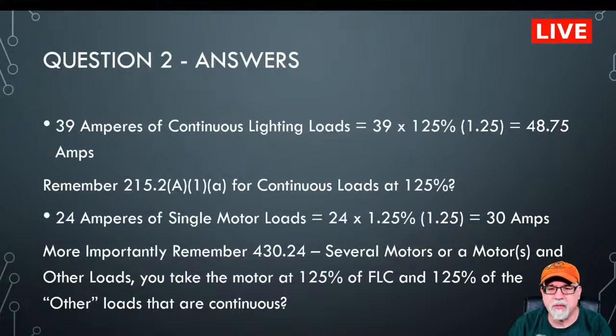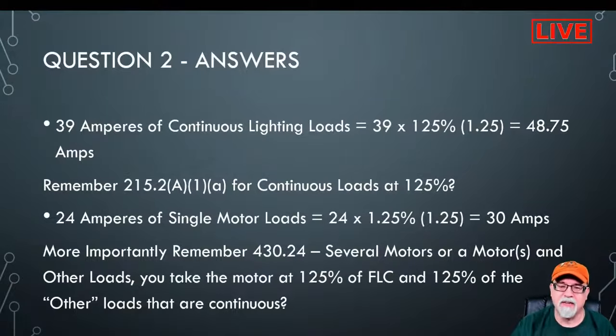But what we're doing is a motor and some other load, so we would look at 430.24, which covers several motors, or a motor or motors and other loads. In this case, we've got motor loads and other continuous loads. So what does it say at 430.24? Let's go look at it and then we'll come back.